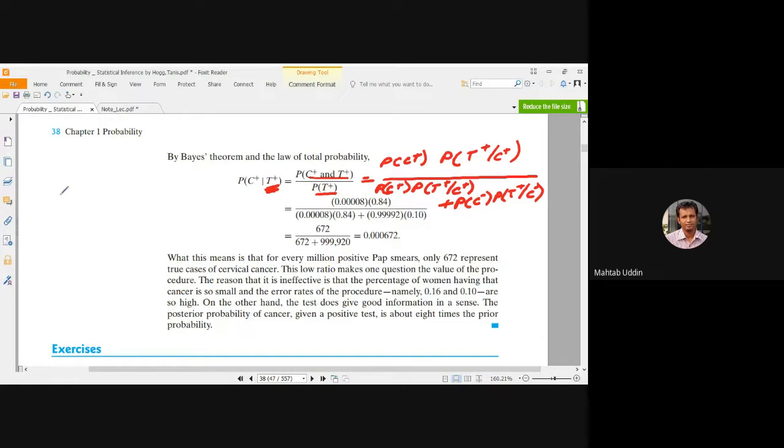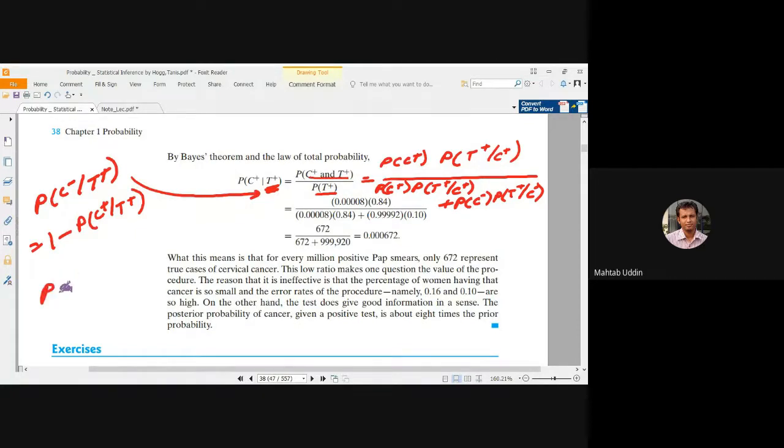Here is one more point. If we have P of C minus given T plus, you can see they have the same base, right? Yes. Same base. Then you can write 1 minus what? Am I right? Because why can you do it? Same base, right?